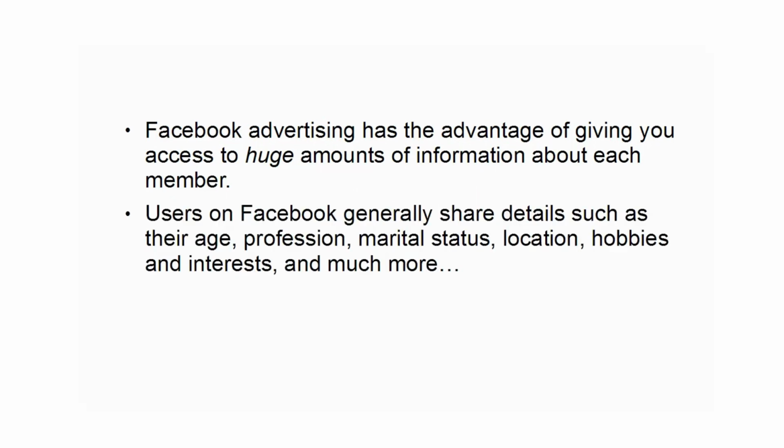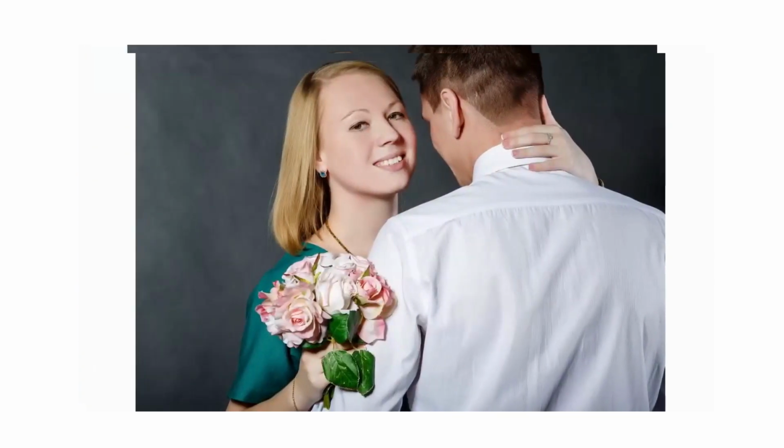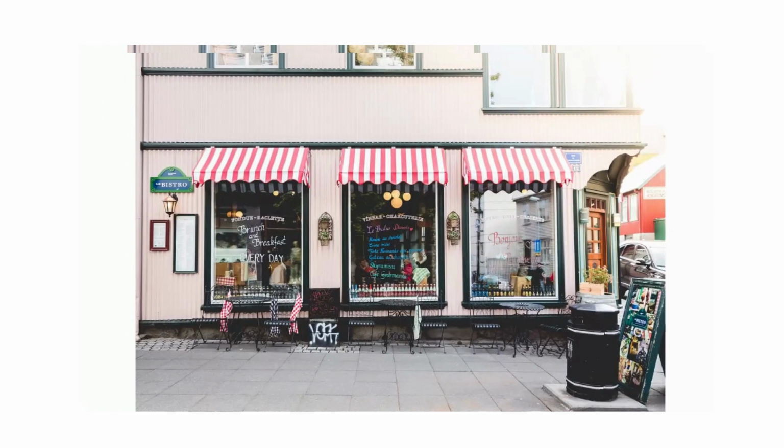Users on Facebook generally share details such as their age, their profession, their marital status, their location, hobbies, interests, and much, much more. And this gives you the ability to pick exactly who you want to see your ads. So, do you want your ads to be seen by inner city teenagers? Or would you rather they were seen by women based in the suburbs who are in a relationship? Or by local business people?